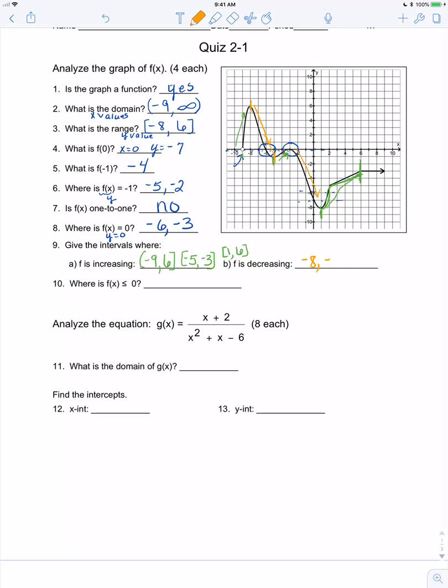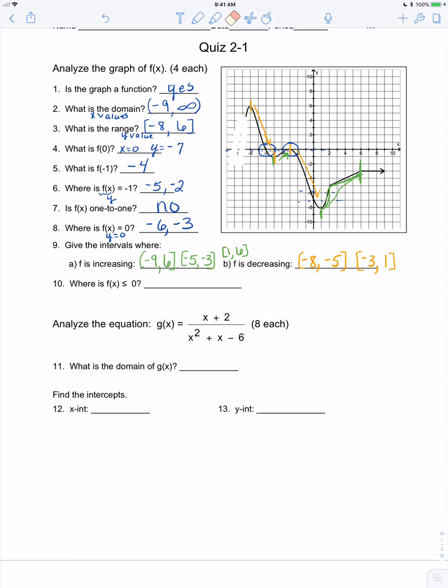So that's at -5. And then we change again here at -3, and it decreases all the way down to +1. So those are the points where the graph is decreasing.